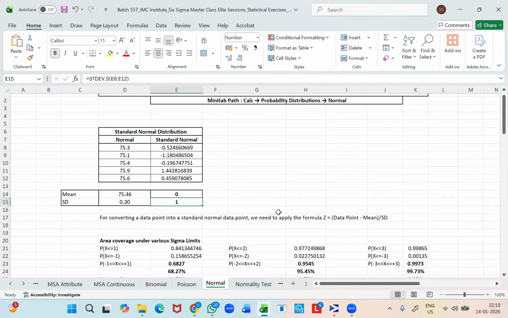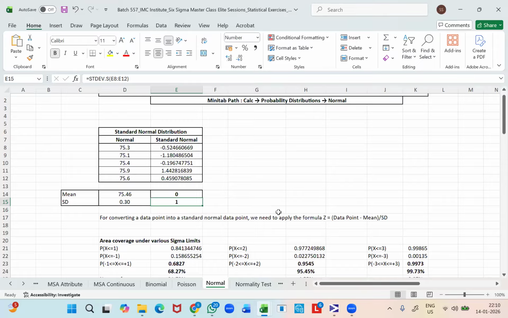But in those days, people were dependent on statistical tables, and statistical tables cannot contain probability values for all different combinations of mean and standard deviation. Practically impossible. You'll have infinite combinations of mean and standard deviation values.